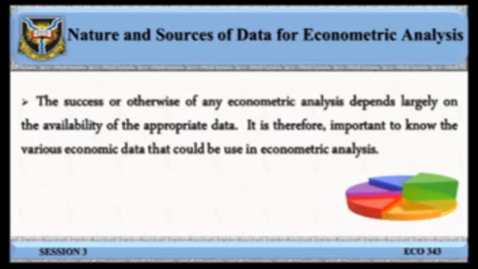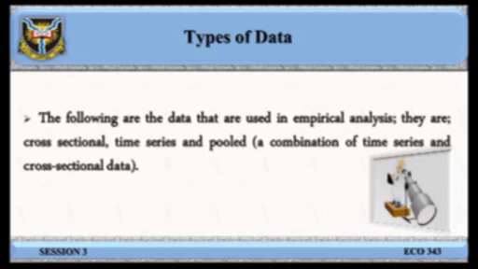It is therefore important to know the various economic data that could be used in econometric analysis. Types of data. The following are the data that are used in empirical analysis. They are cross-sectional, time series, and pooled, a combination of time series and cross-sectional data.